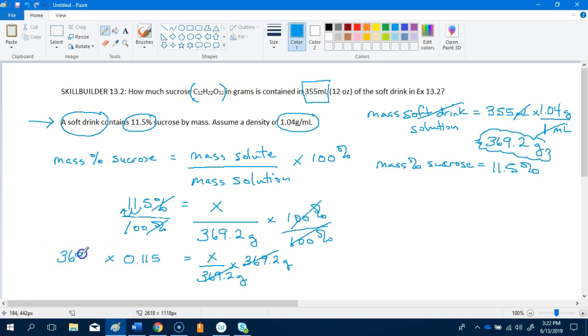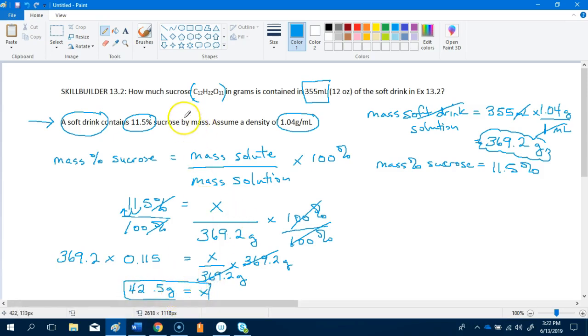So 369.2 times 0.115 will be equal to X. And X will be 369.2 times 0.115, which is going to be 42.5 grams of sucrose.